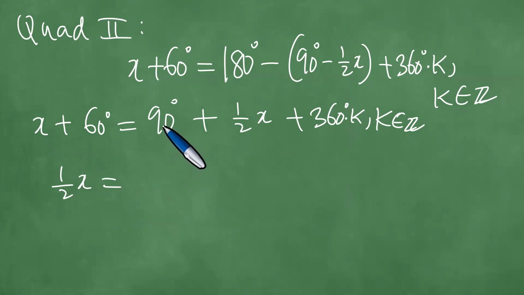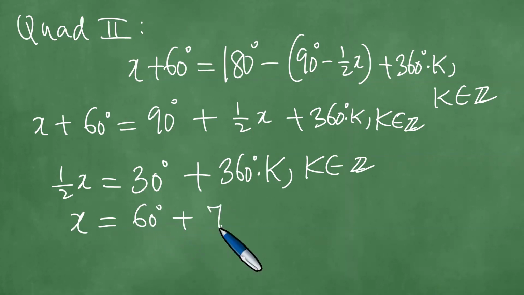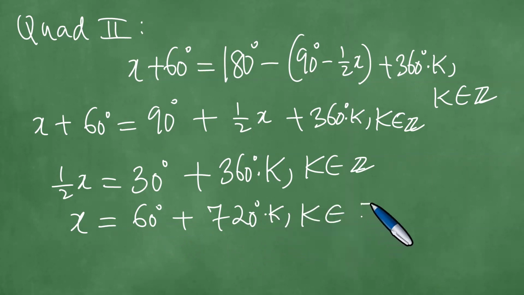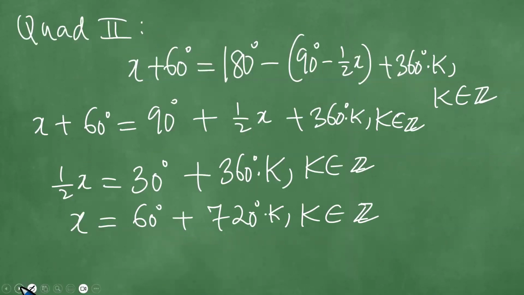And we have here clearly 90 degrees minus 60, which is 30 degrees, plus 360 degrees times k in Z. Multiply through by 2, both left and right, obtaining 60 degrees plus 720 degrees times k, where k is in Z. Right, we obtained those solutions in those two quadrants, and we shall write a summary.